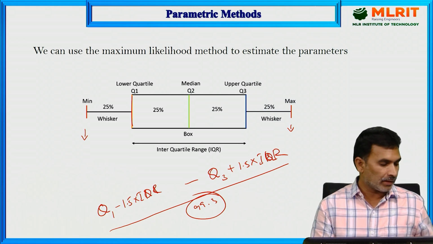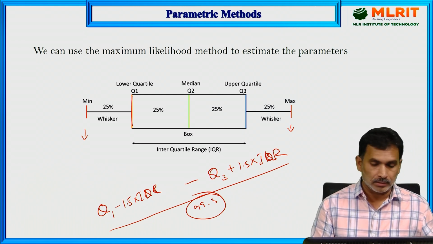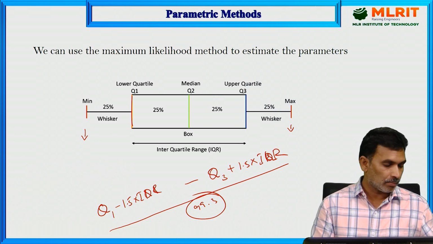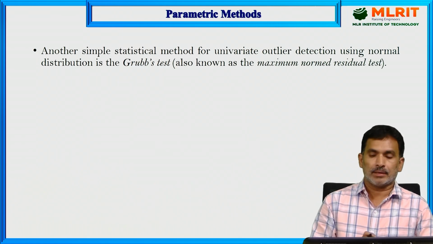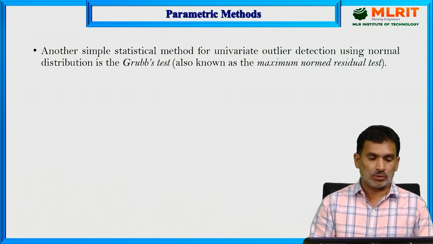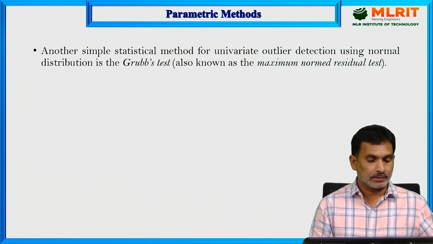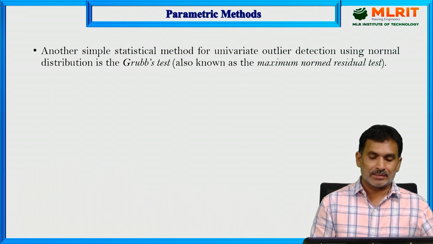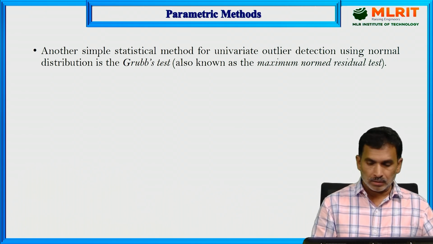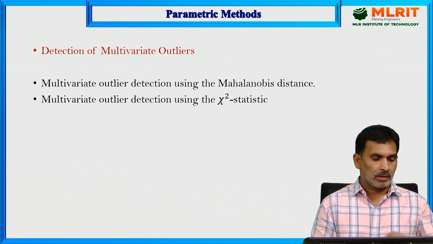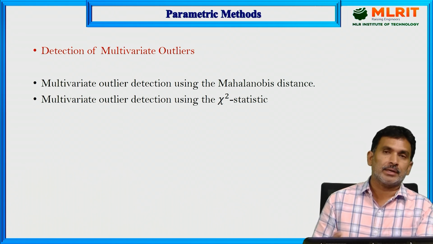So this is the way we can find outliers by using univariate analysis with box plots. Another simple statistical method for univariate outlier detection using the normal distribution is called the Grubbs test, also known as the maximum normed residual test.